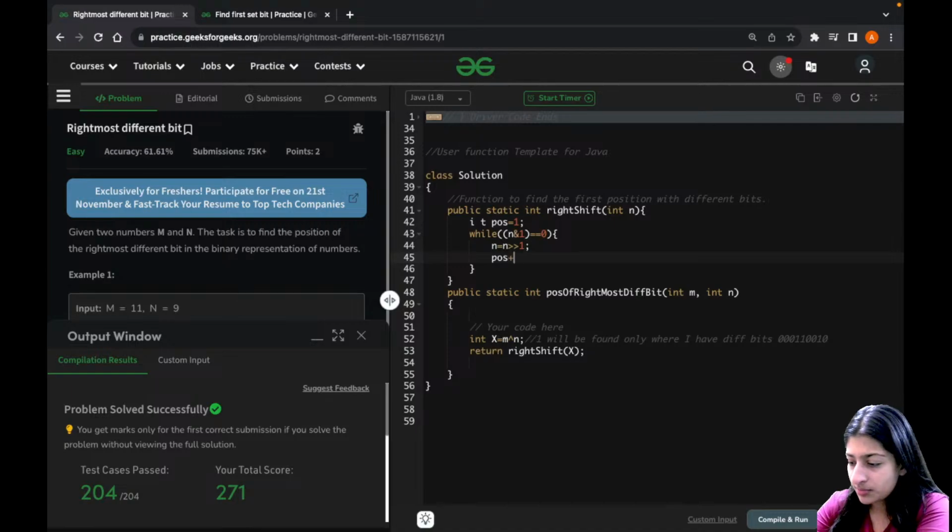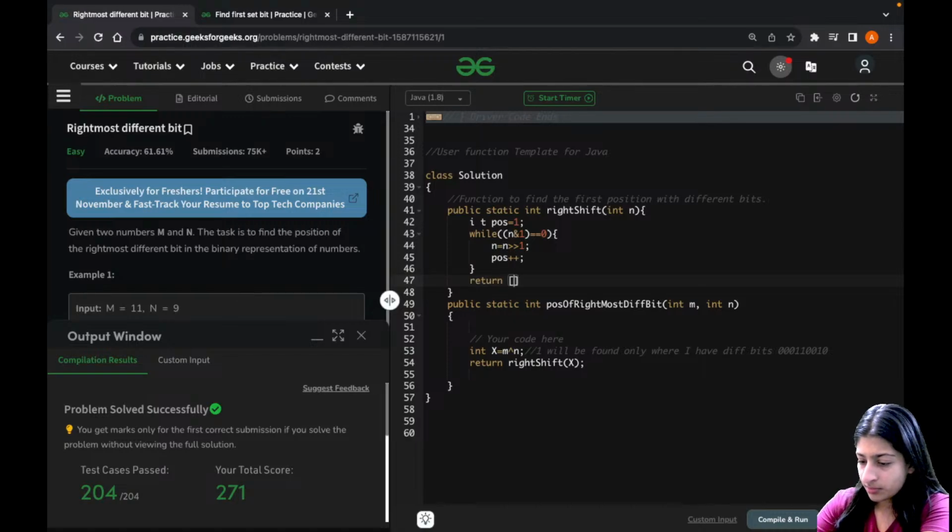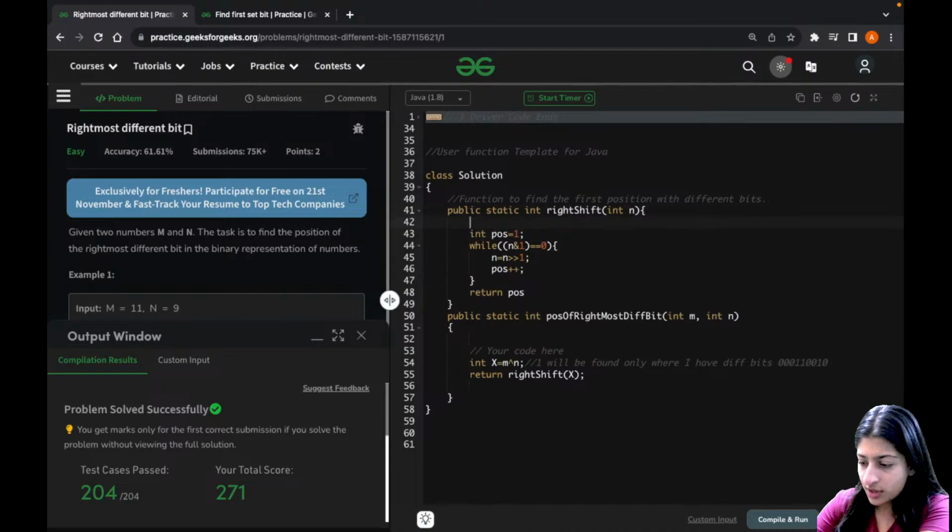So position plus plus. Okay. Then you return position. Have I initialized position? Yes, I have. Position equal to 1. Also, if your N is 0, return minus 1.